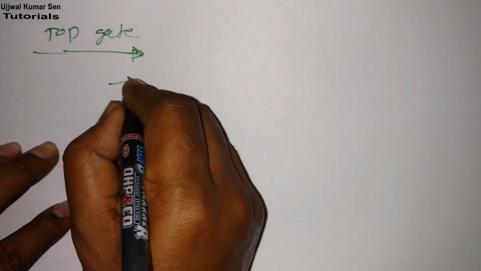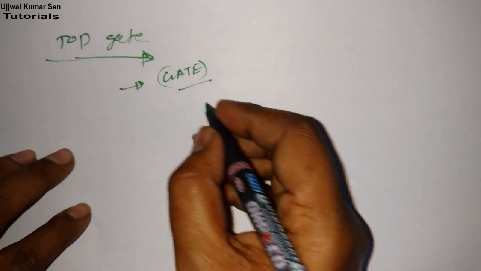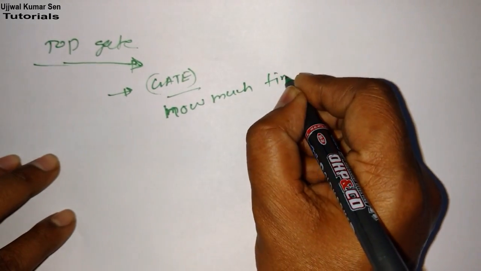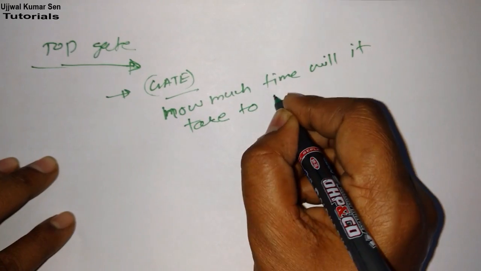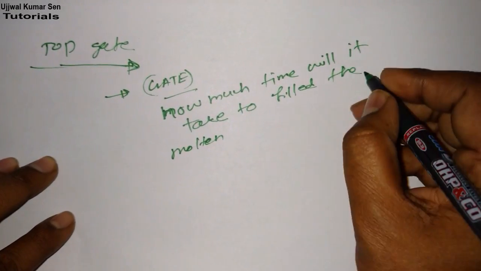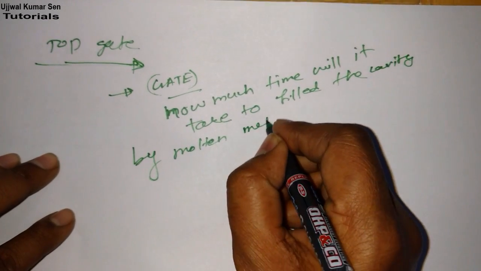In case of top gate, we require a few formulas. Those are most important, and of course you need to know them. Basically, you know what has been asked in GATE examination. I have seen most of the time they are asking how much time it will take to fill the cavity with molten metal.